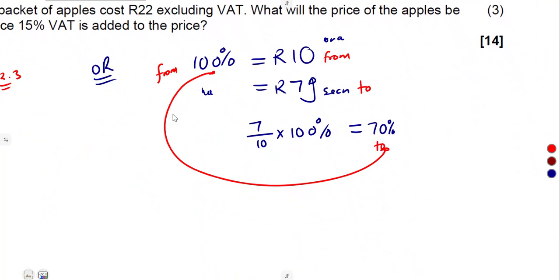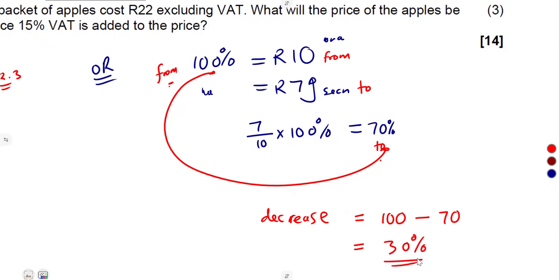What is the change that happened? That is your decrease. The difference is our decrease. So the decrease in percentage is the difference from 100% to 70. So 100 minus 70 is 30%. You could also have answered that way, still obtaining the same answer.